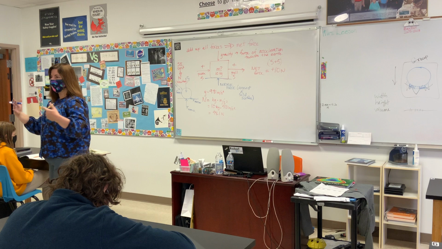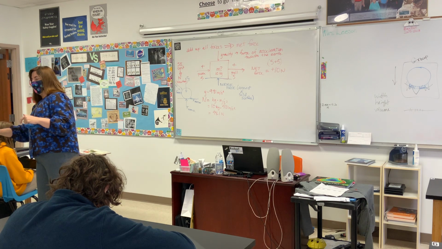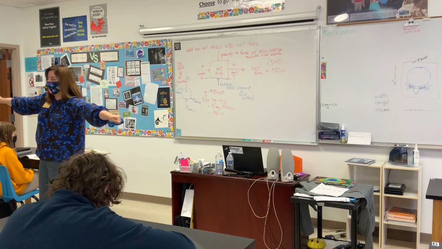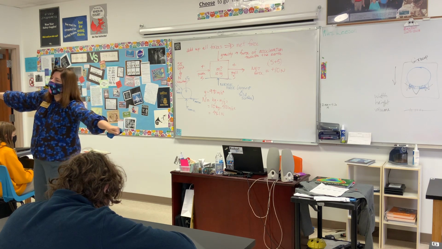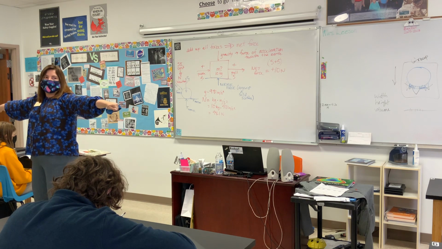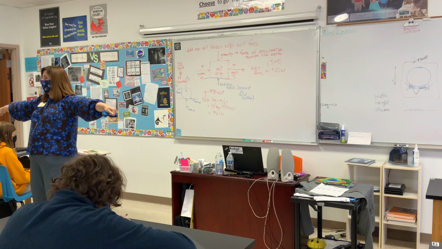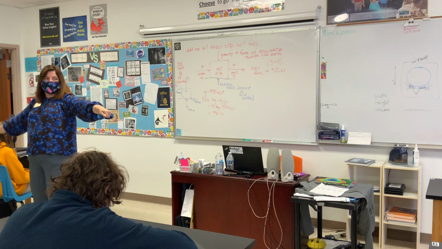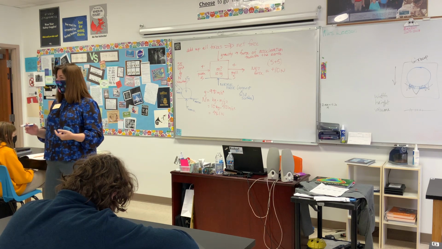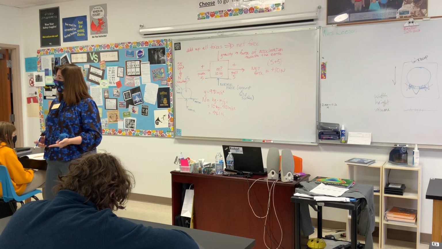If I have two friends pulling this way and pulling this way with the same amount, although I feel like I'm being pulled apart, and I'm not moving, the forces are balanced. So right now that water bottle sitting on a table has balanced forces. How do I know? It's not moving.